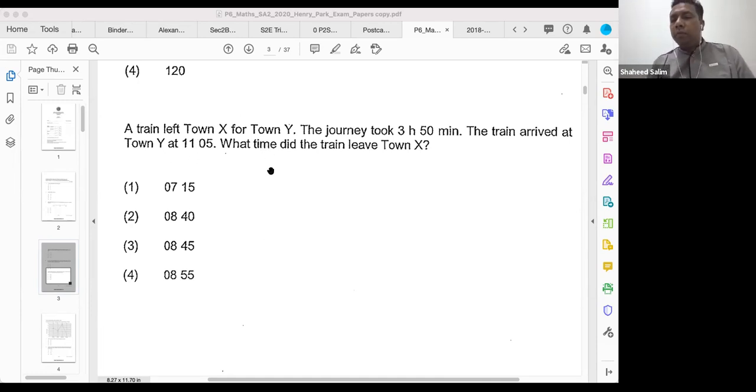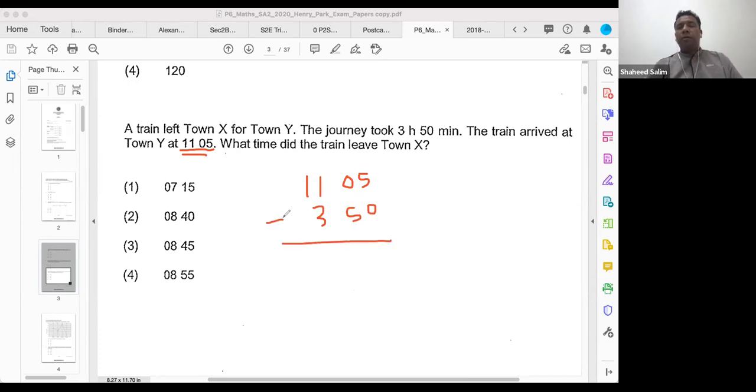This is a time, number one, well done. So this is the time of arrival. You want to find when they started, so you must minus 3 hours, 50 minutes from 11:05. It is not enough to minus 50, so you borrow 1 hour.